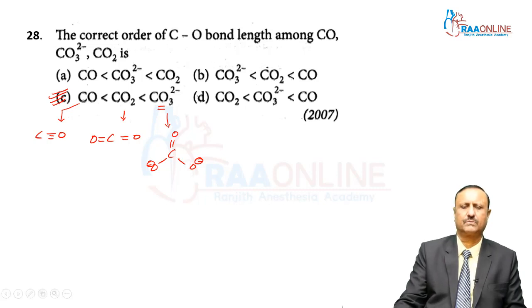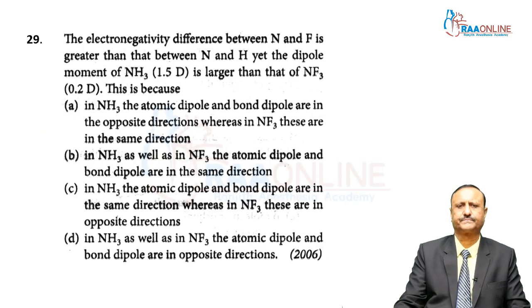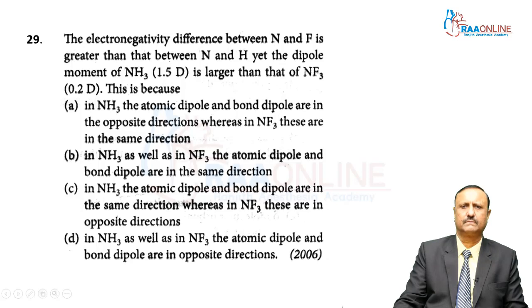Now, we can see here question number 29. This question was also asked in the NEET 2006 exam. The electronegativity difference between nitrogen and fluorine is greater than that between nitrogen and hydrogen.